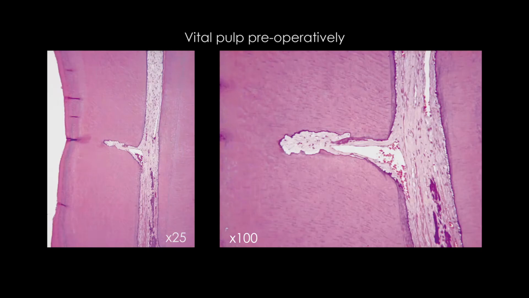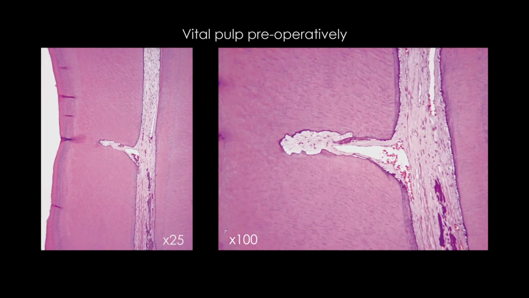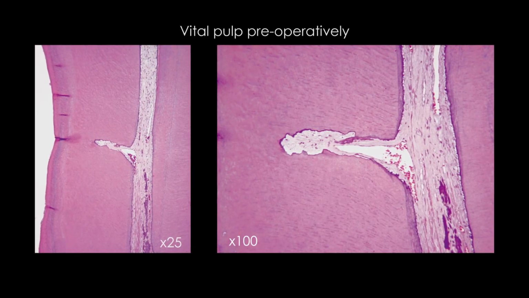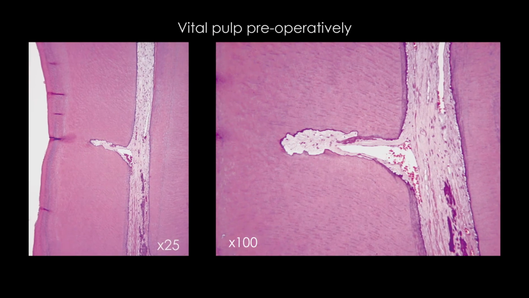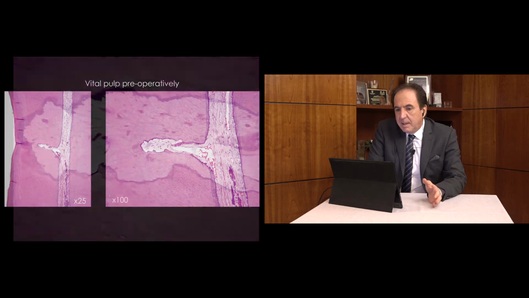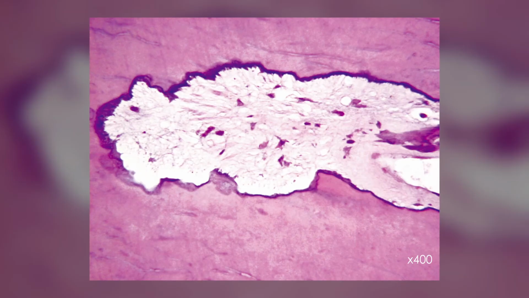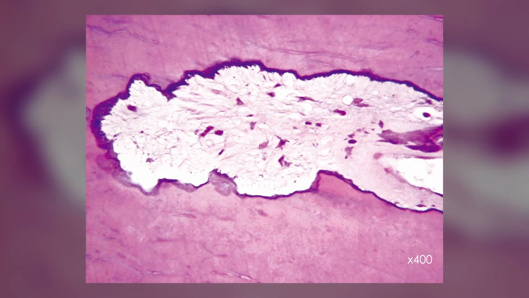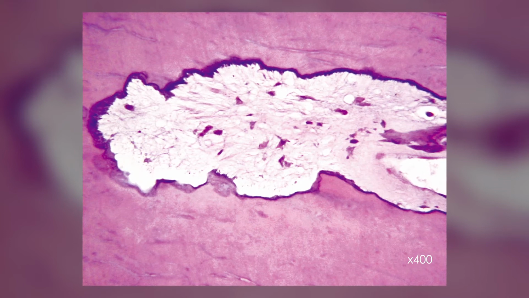And once again, I think that the clinician should make a very clear distinction between cases with vital pulp and cases with necrotic pulp. Because in all cases with vital pulp, removing the vital tissue from the lateral canals is impossible, and this is demonstrated by histology.